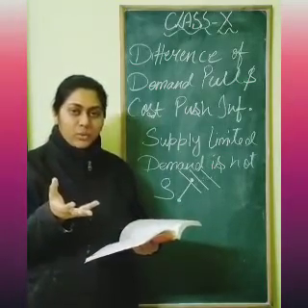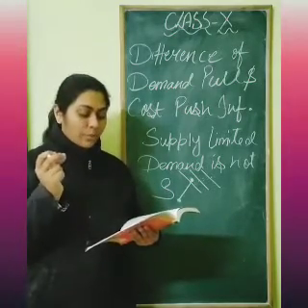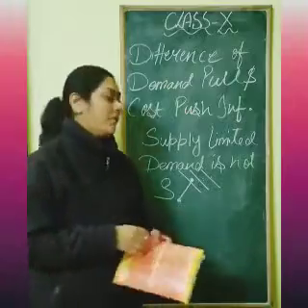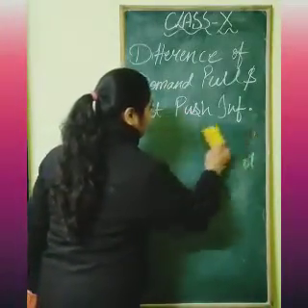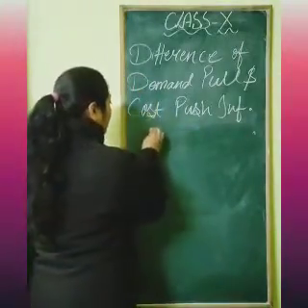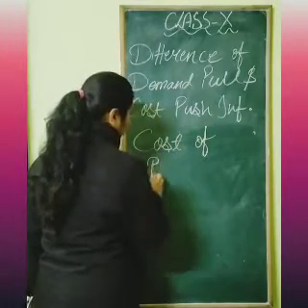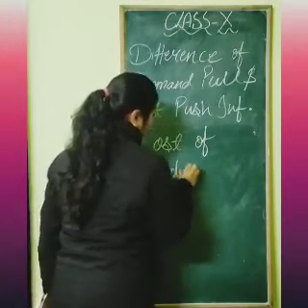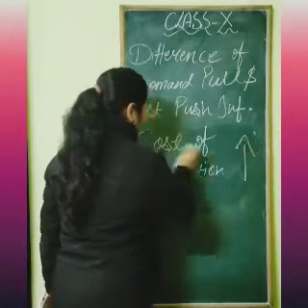Cost push: the increased cost of production results in cost push inflation. Cost push inflation occurs when the cost of production increases.